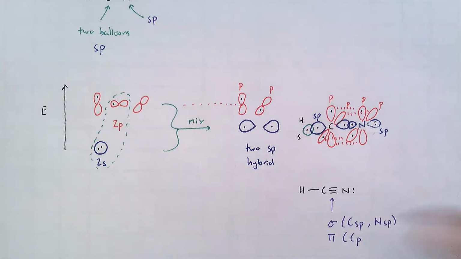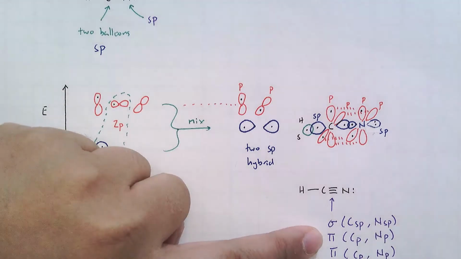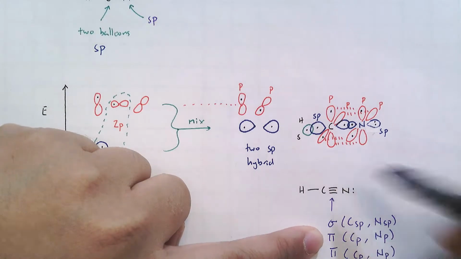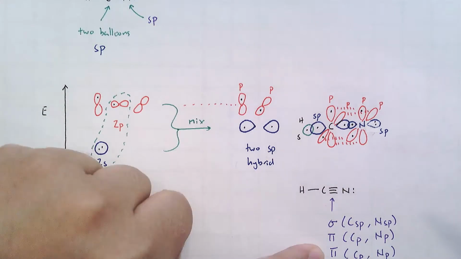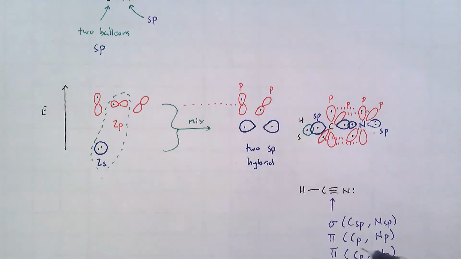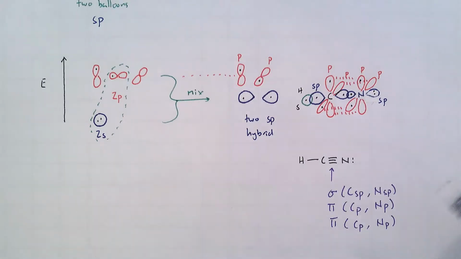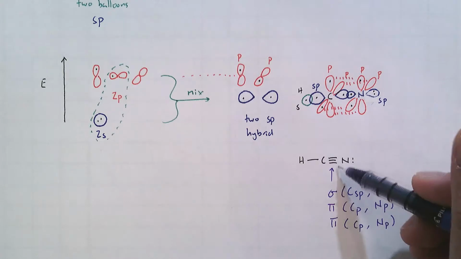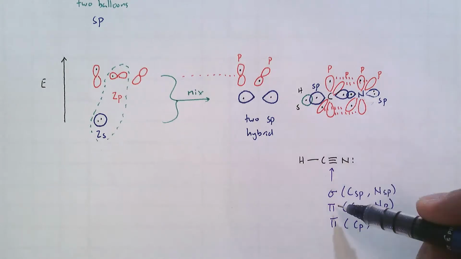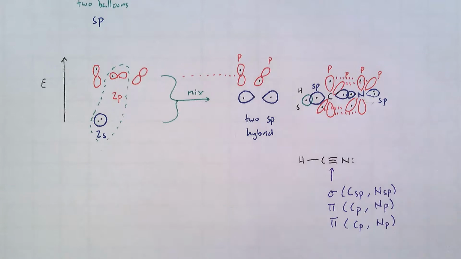You just have to know that they are p orbitals that are overlapping. And we have two of them. One of them indicates the ones that are vertical, and the other one represents the ones that are coming in and out of the paper. So that is a description of a triple bond. A triple bond is a sigma bond for sure, and the other bonds, the extra bonds, are pi bonds, pi and pi.